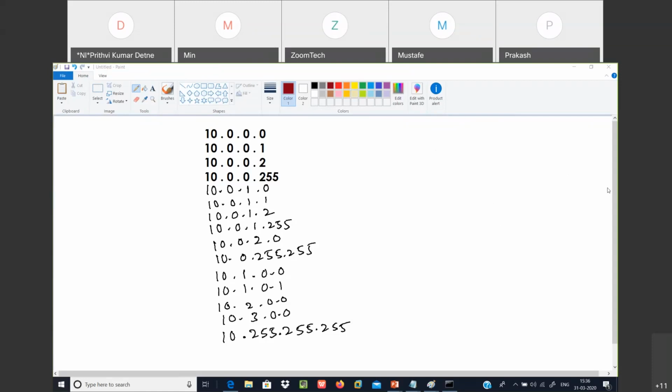What's the Zoom ID? Let's say I take one ID, here Ram ZTAM 68792.